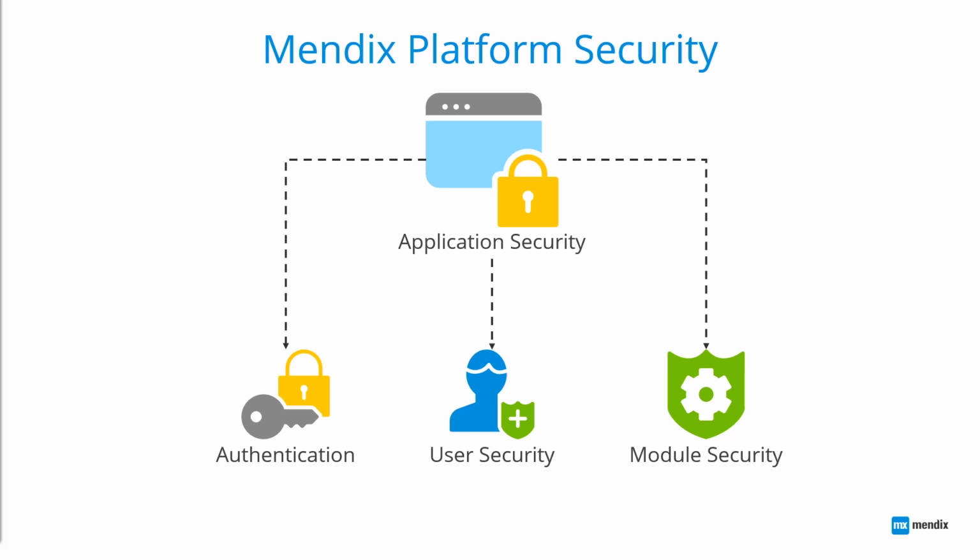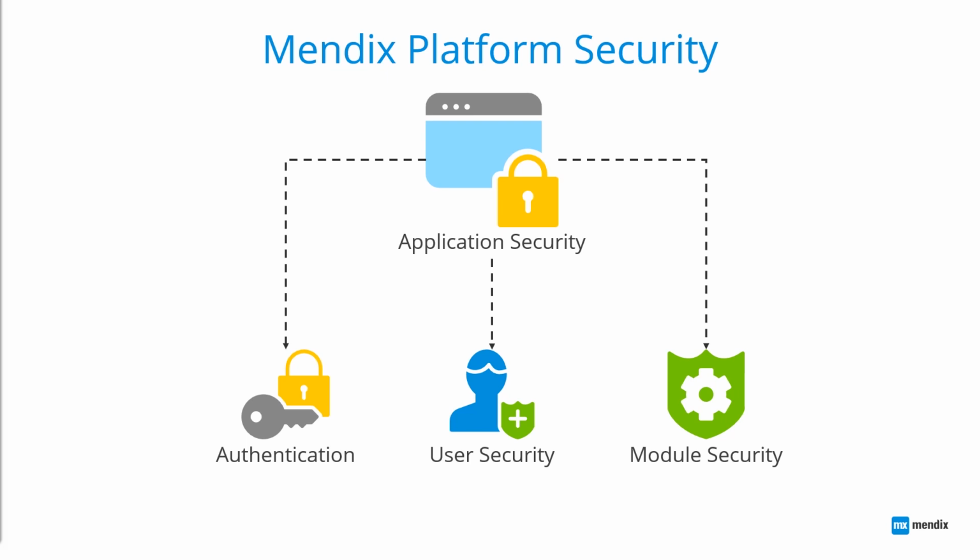This enables plugin modules, things that you would grab from a public repository or reusable content, to actually have their own security that can be inherited by the parent application. And then for each of those modules, you define page, microflow, and entity access and assign module roles to those rules. And we're going to get into that at a deeper level and a more visual level in a few minutes.